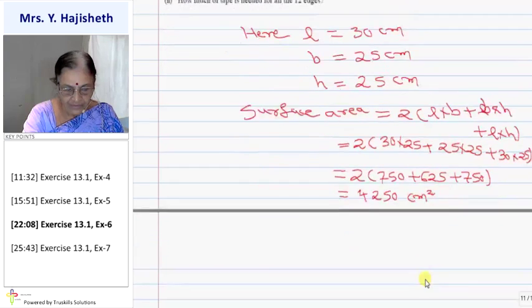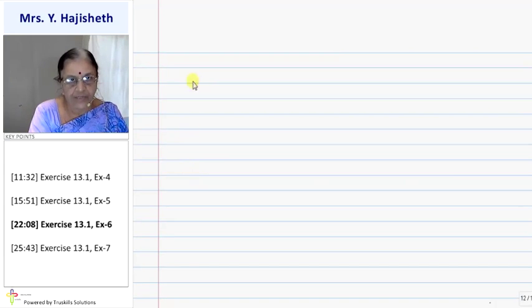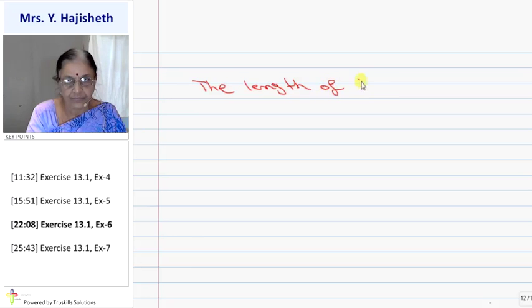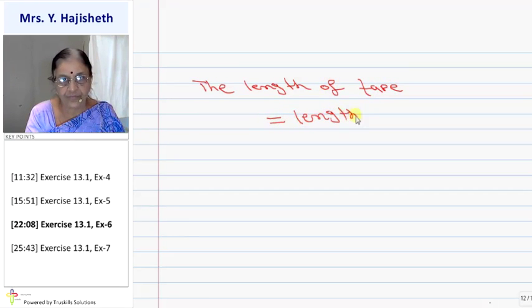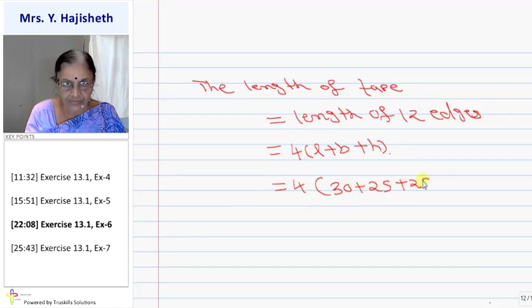Now the length of tape is given. The length of tape is equal to the length of 12 edges. Clear? In 12 edges, length comes 4 times, breadth 4 times and height 4 times. So it is 4 times 30 plus 25 plus 25.